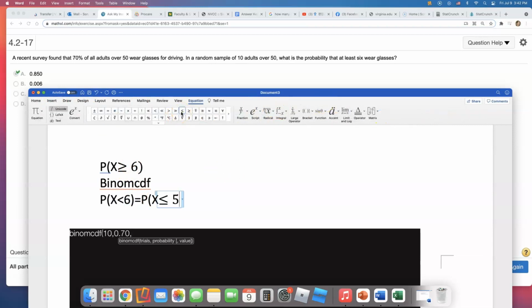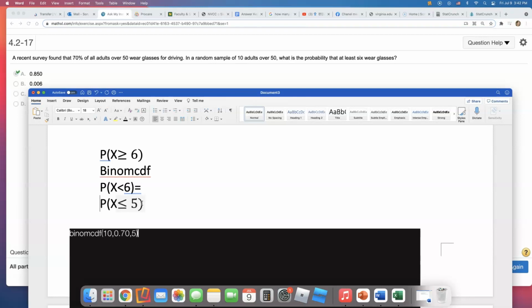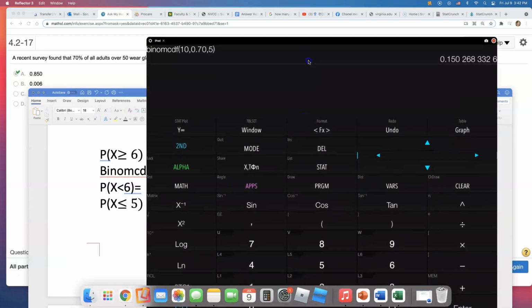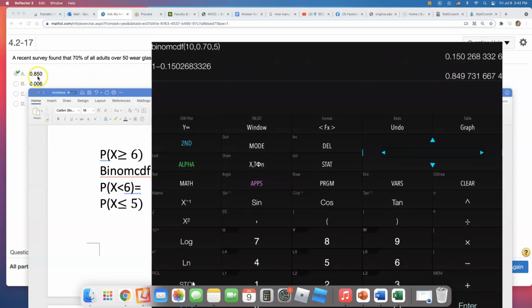So what you're going to have to do is find the probability that X is smaller than or equal to 5, because that will be the complement of what we want. So all I need to do at this point is subtract 1 minus the answer that we just got. That is how you can get 0.849, which rounds up to 0.85.